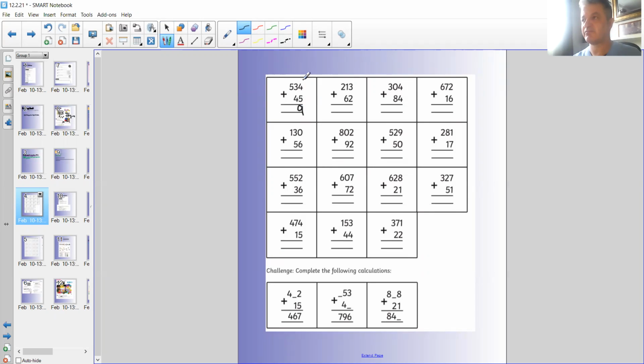We're working in columns. We start with the lowest unit first, the ones or the units, and now I'm moving on to the tens column. 3 tens is 30, 4 tens is 40. 4 tens in my head, 4, 5, 6, 7. So I end up with 7 tens. Now I look at my hundreds column.